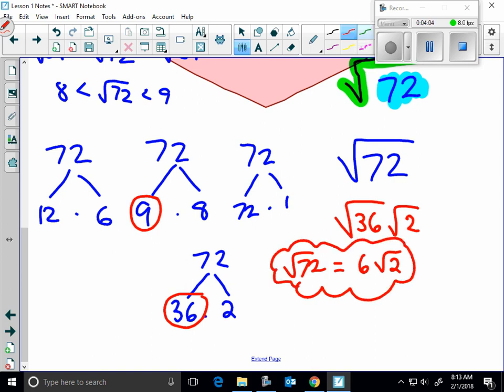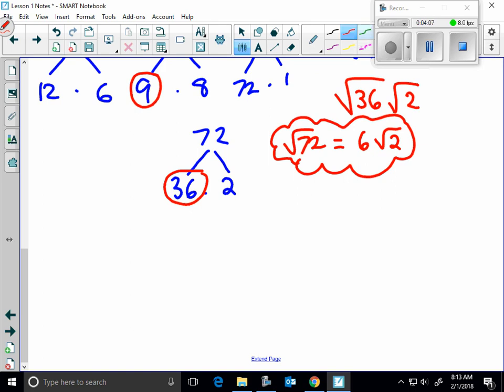Okay, so let's say just for a moment that you went the wrong way with it, and you said the square root of 72, I'm going to go with 9 and 8. Okay, so then that would be 3 root 8. You're absolutely accurate with that, but you haven't fully reduced that. 8 can be reduced. What perfect square goes into 8?